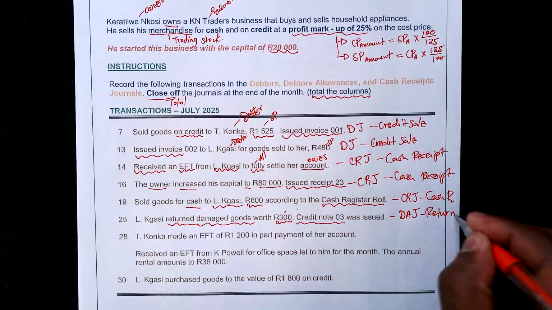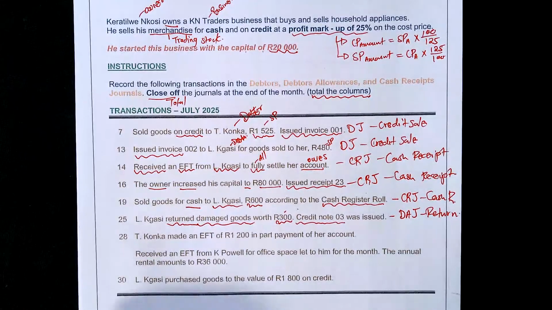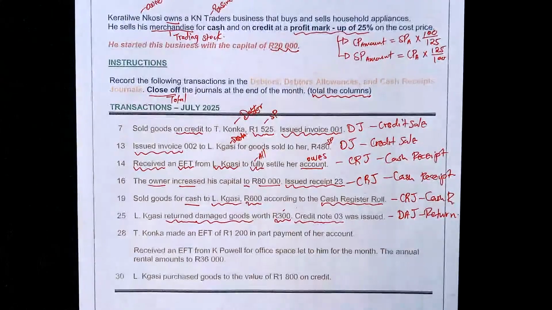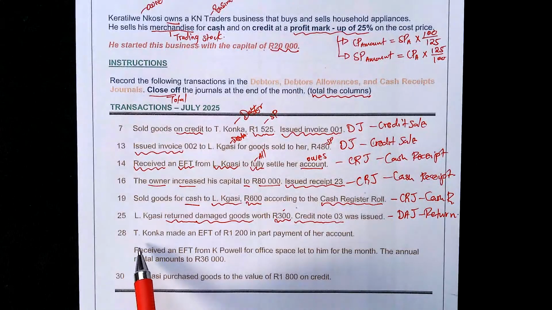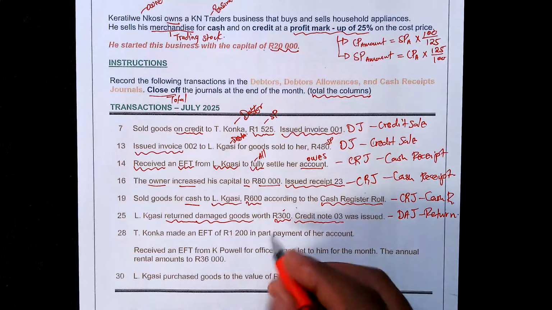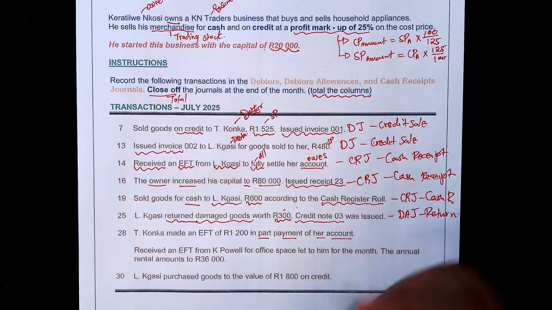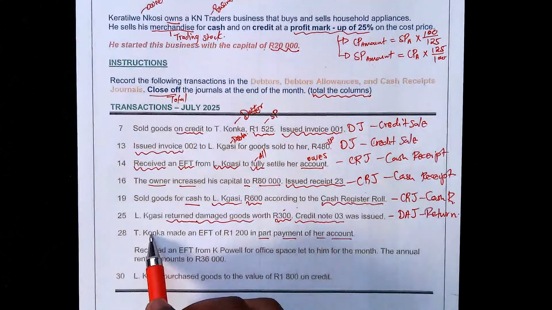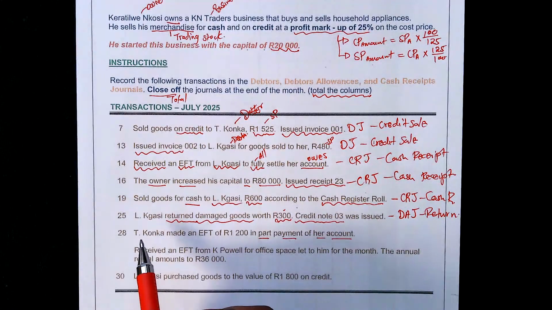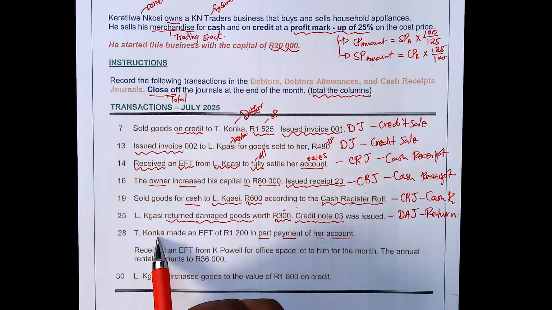I'll write it here. And then day 28, it says T Konka made an EFT of 1,200 in part payment of her account. Okay, so T Konka, we know that she is a debtor to the business.